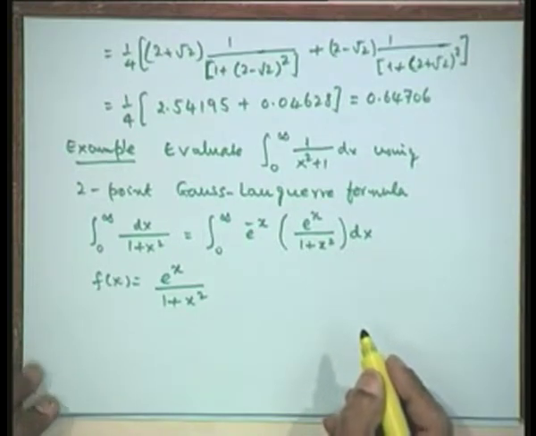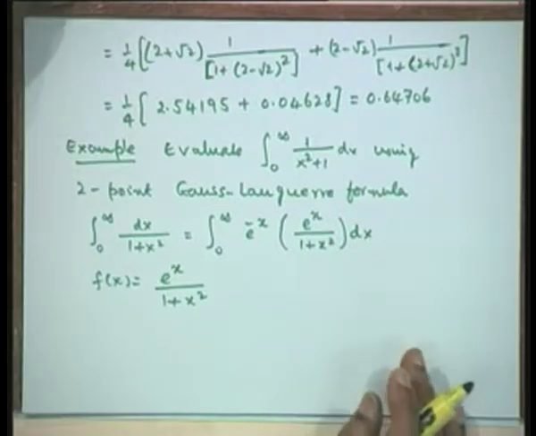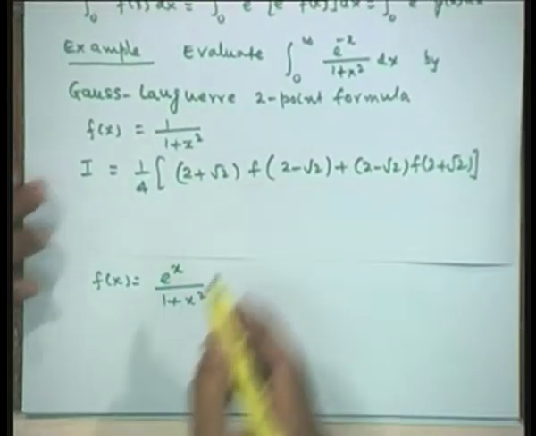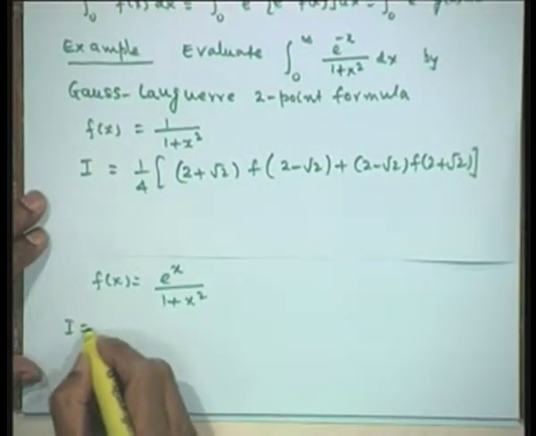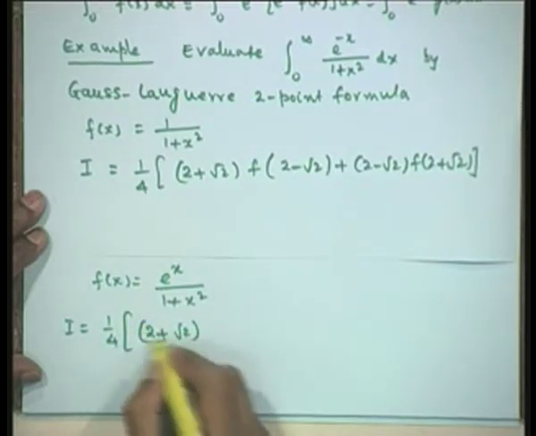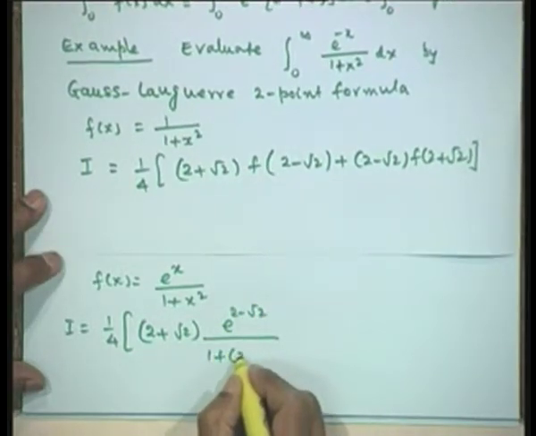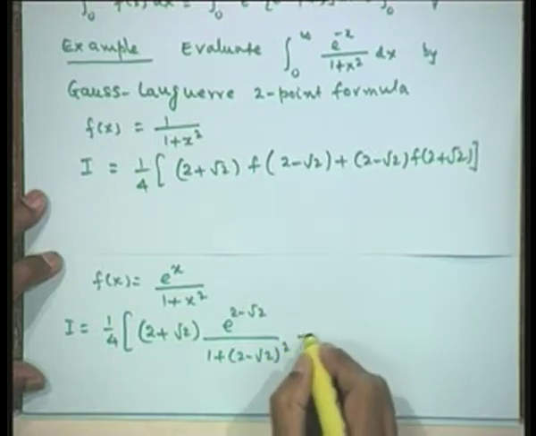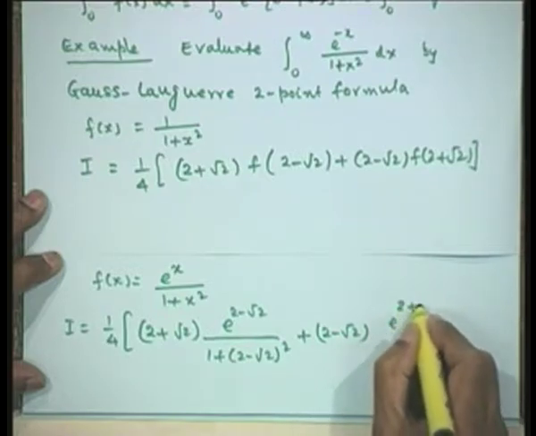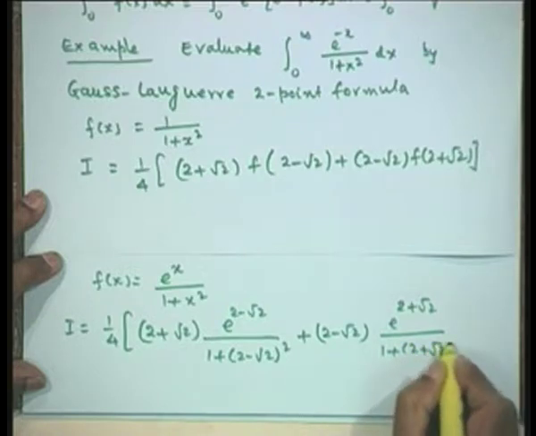Now we shall use this f(x) in the 2-point rule that we have derived earlier. So, the value of the integral I is 1 upon 4 times (2 plus root 2) into exponential of (2 minus root 2) by 1 plus (2 minus root 2) whole squared, plus (2 minus root 2) into exponential of (2 plus root 2) by 1 plus (2 plus root 2) whole squared.